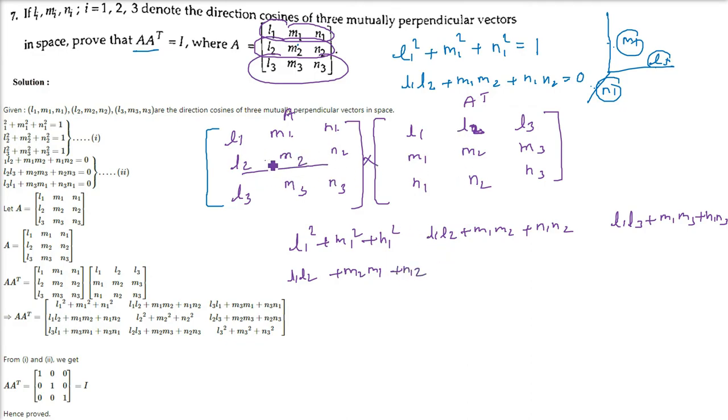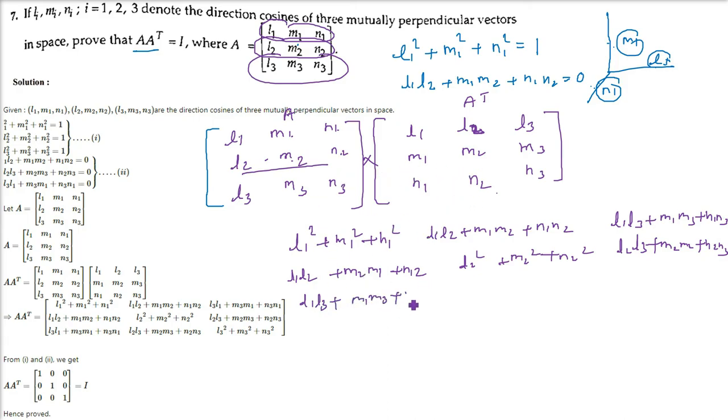Second row with second column: L2 square, M2 square, and N2 square. Second row with third column: L2 L3 plus M2 M3 plus N2 N3. Third row with first column: L1 L3 plus M1 M3 plus N1 N3.